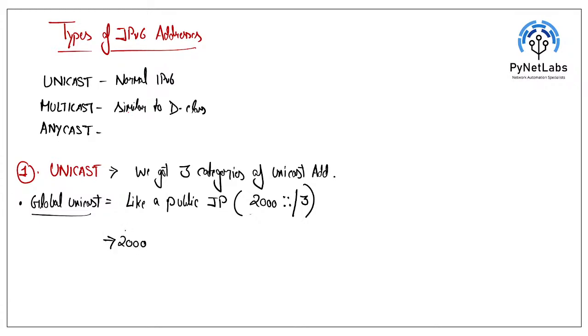Now when I say 2000, in this 2000, this 2 consists of 4 bits. If you go with the conversions, every hex digit represents 4 bits, so the complete portion is 16 bits, right?